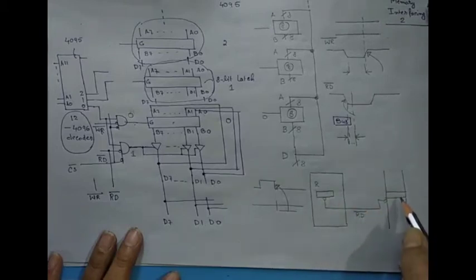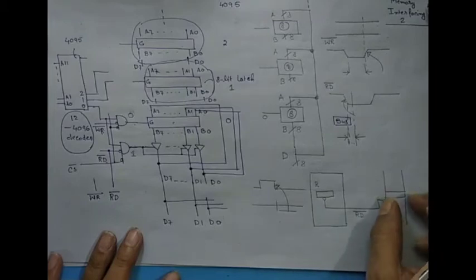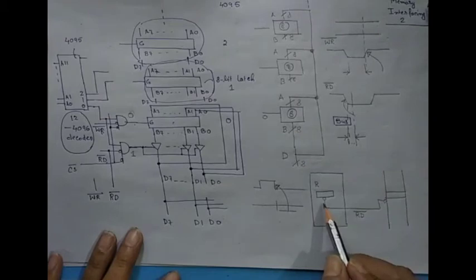Read bar signal is acting as read signal for the external memory location, and it is acting as write signal for the internal register.